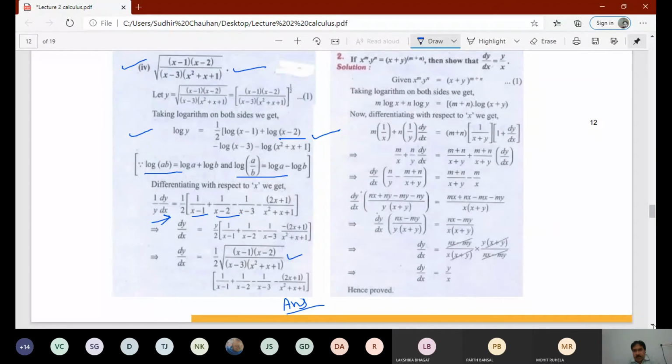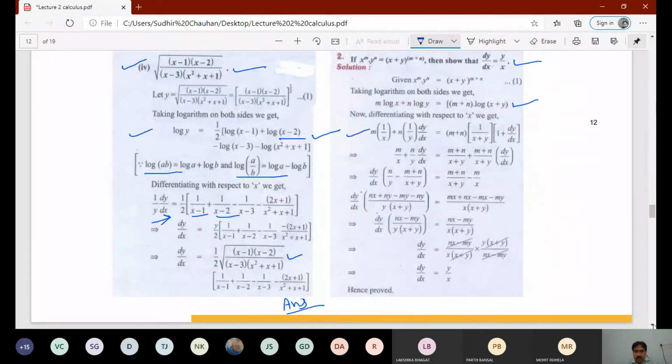Now the next variety of differentials of this question is x raised to power m, y raised to power n is equal to (x plus y) raised to power m plus n. Then we have to show dy by dx is y upon x. So here we can take log again. So it will be m log x plus n log y is equal to (m plus n) log (x plus y).